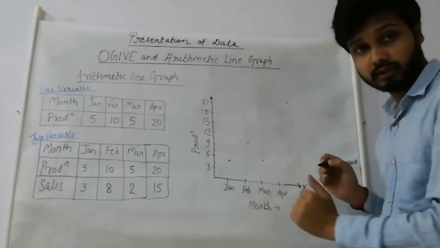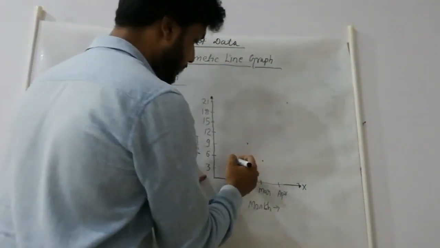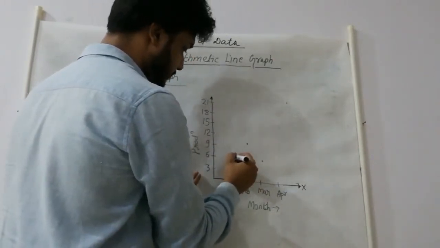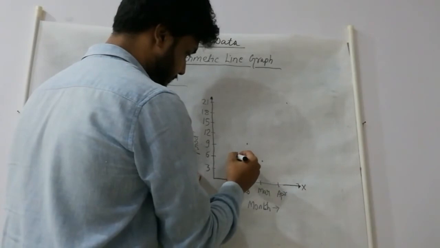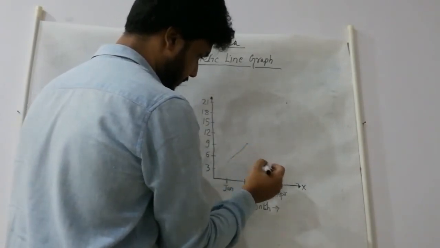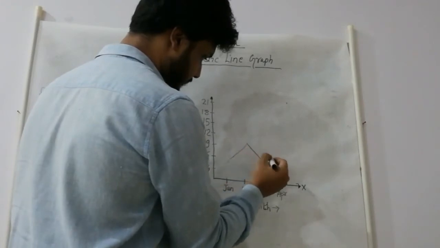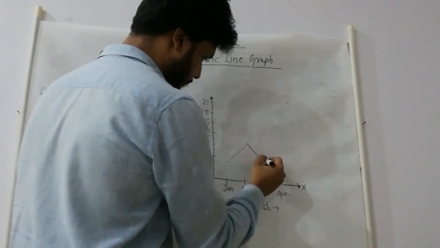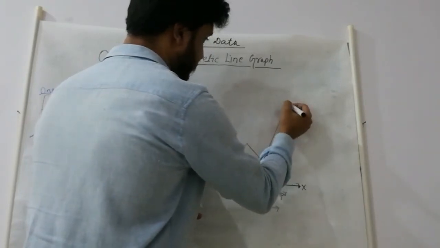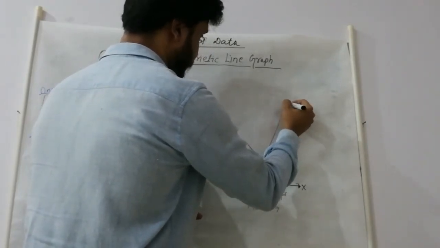Like this. After we have made the points, we just need to join these points to make the arithmetic line graph. So a line has to be made. Just join the points from here to here, then like this, and here.